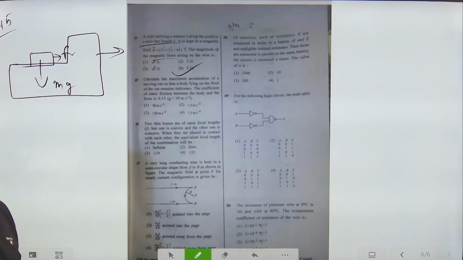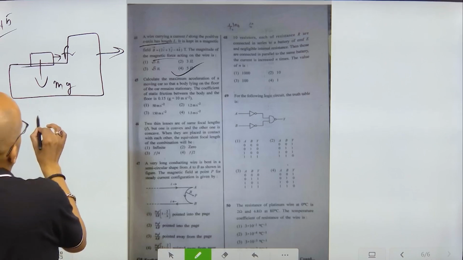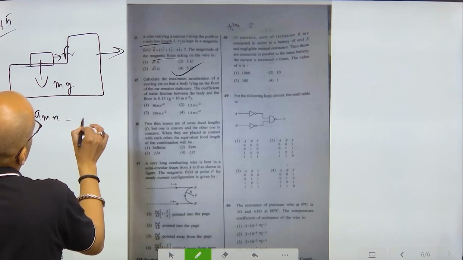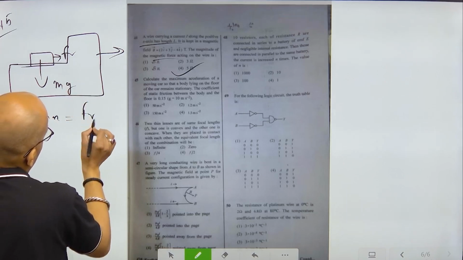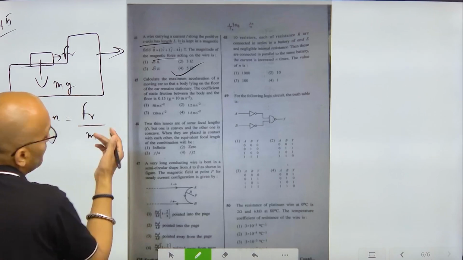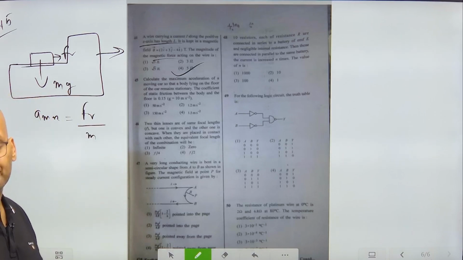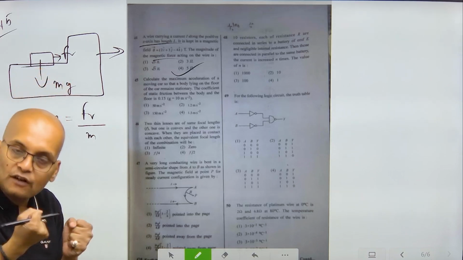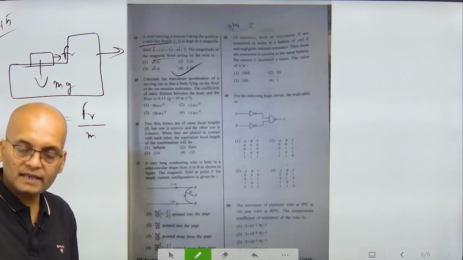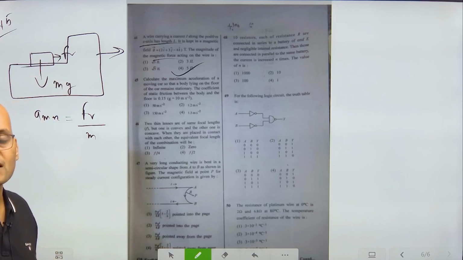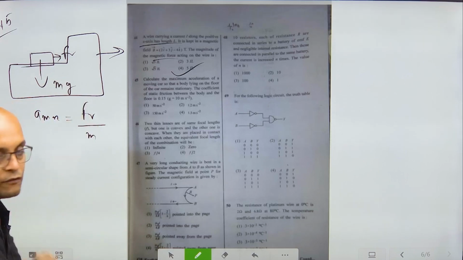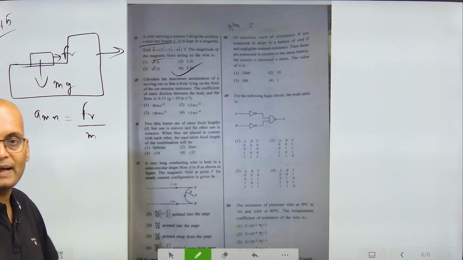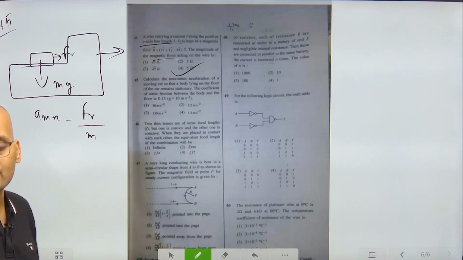A max. When we did friction, we directly did it anyway. Even if you don't remember, what will be the A max? Here frictional force is acting, so frictional force upon m, force is equal to m into A. Why is body not moving? Because frictional force is preventing the body. So frictional force divided by the mass of the body will be the acceleration.